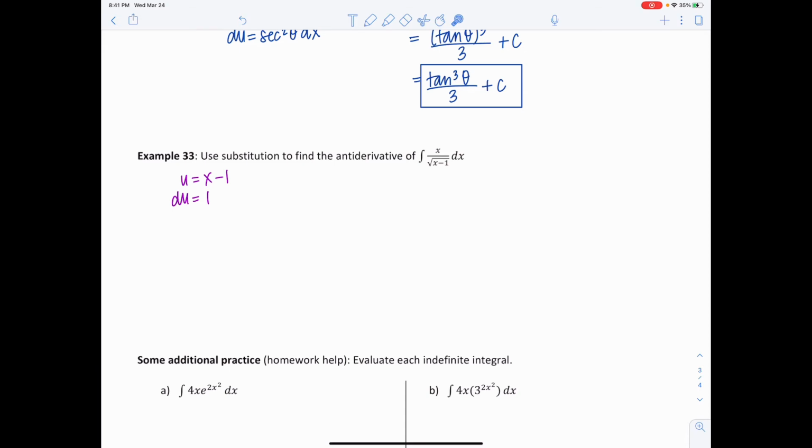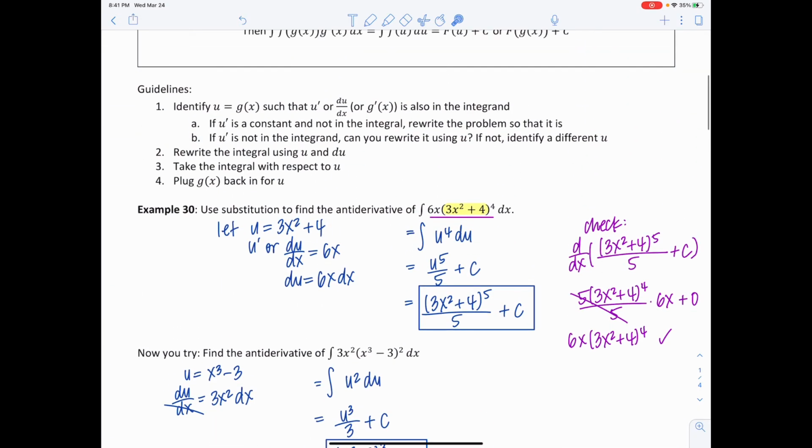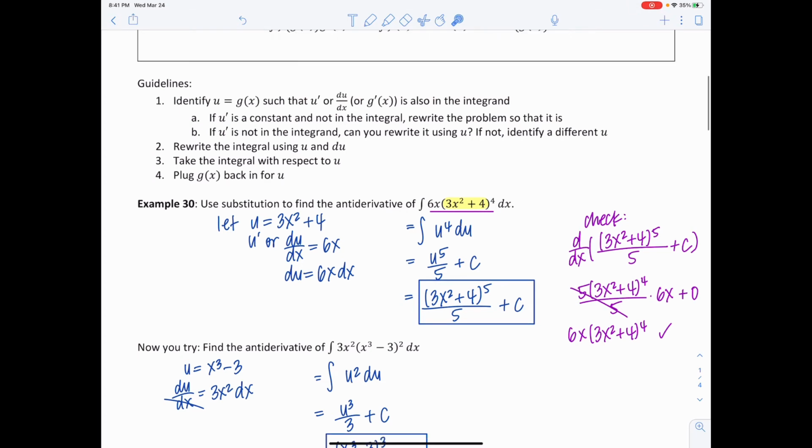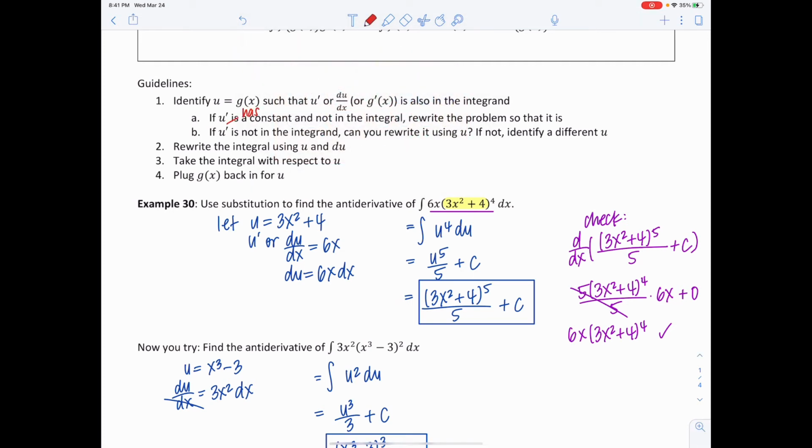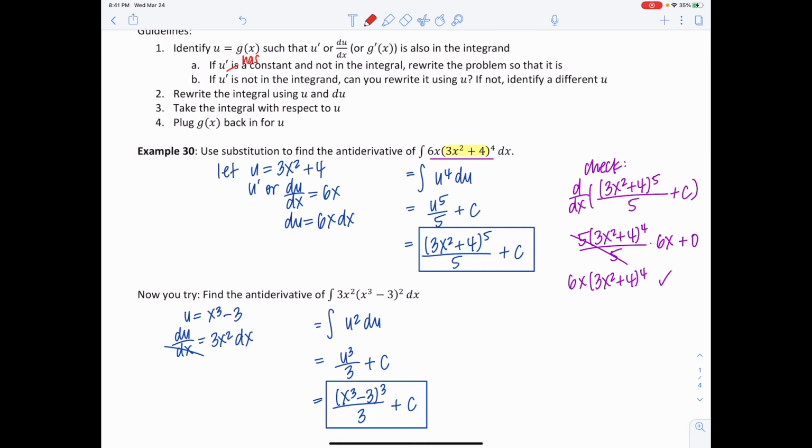So let's go back up to the steps and walk through this. We've talked about if the derivative has a constant that is not part of the integral, we can still work with that.